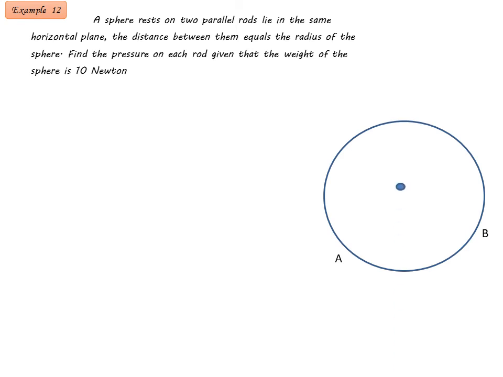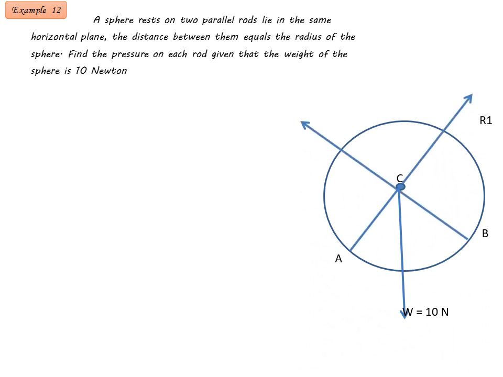Then the sphere has a weight of 10 Newton at the center. Then we have R1, which is the reaction of the first rod, and R2, which is the reaction of the second rod. Of course, the reaction will not be perpendicular to the sphere, okay?